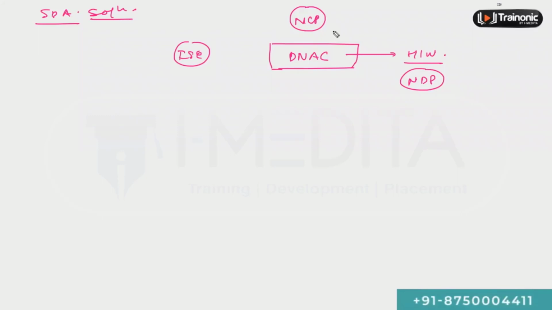The network control platform is where we can do all the things related to configuration management, like where we define our intent. We can say this is the automation engine for the SDA solution.